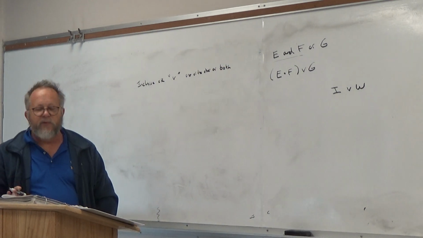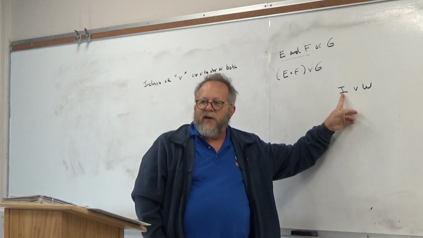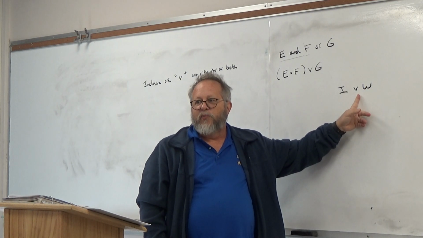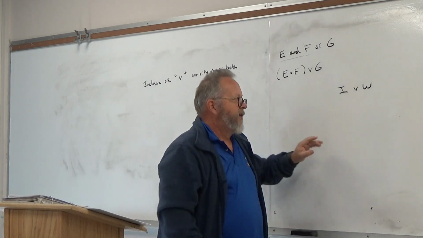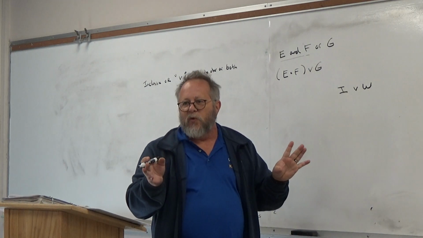Okay, that's what our symbol means. So this would be saying Inigo's the father, or Wesley's the father, or what? Both. Can both be the father? No. So we need to make this or an exclusive or.